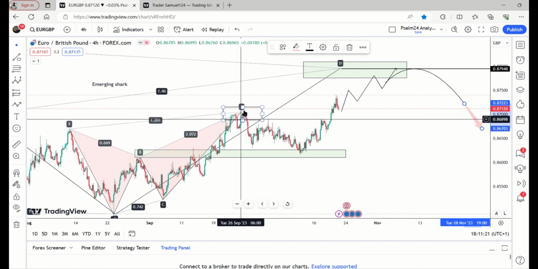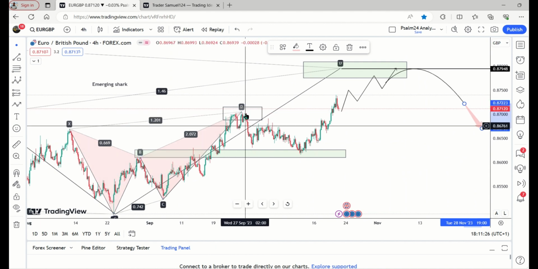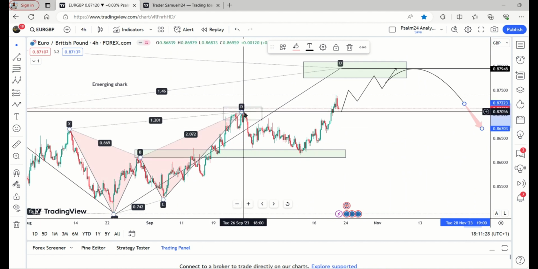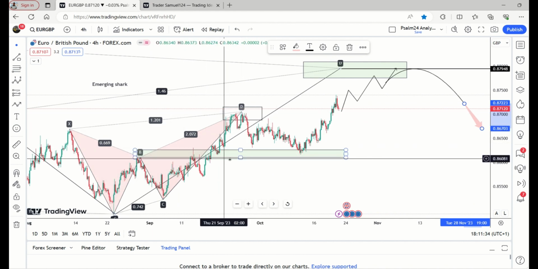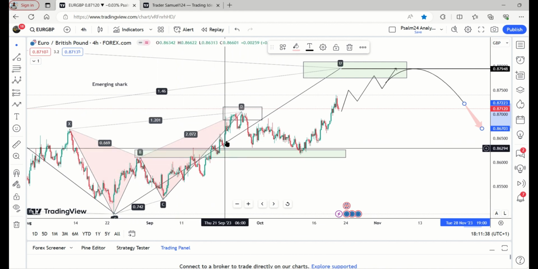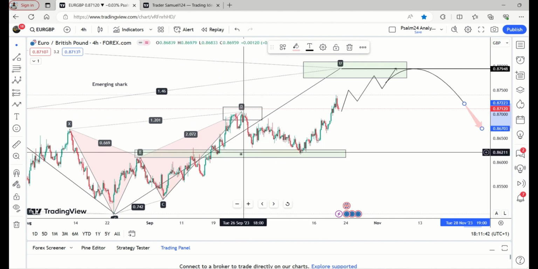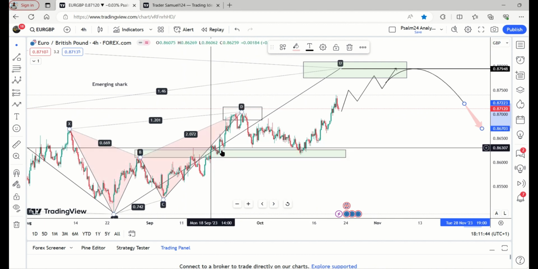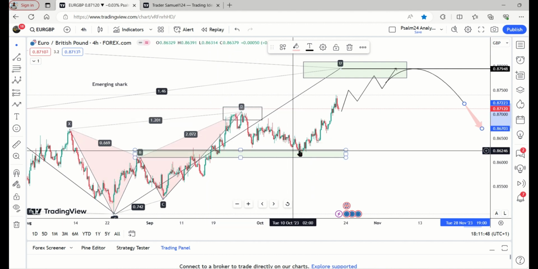So the market came to this particular potential reversal zone, PRZ. The market reversed and then came to the resistance zone that has now turned support, and the market found support on the resistance zone. It turned support here, and then it came back again, and it held the price.